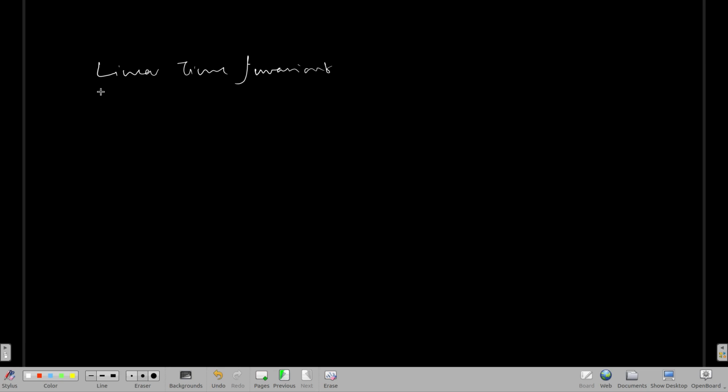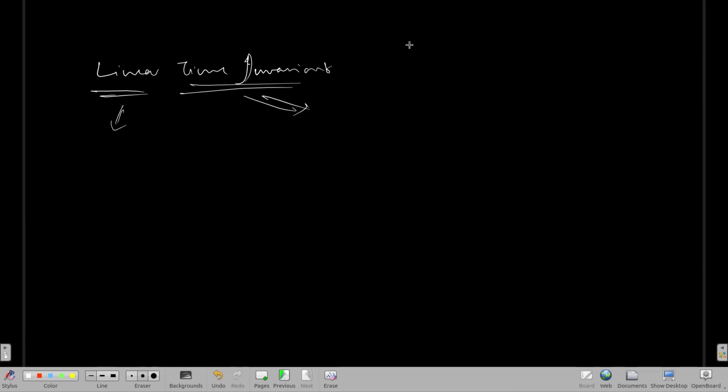So what do you do? First you check for linearity separately and you check for time invariance separately. A system is LTI only if it is both linear and time invariant. Okay, so that was regarding linearity and time invariance.